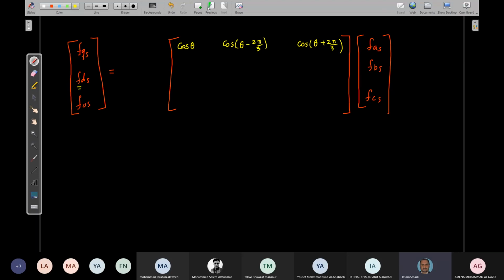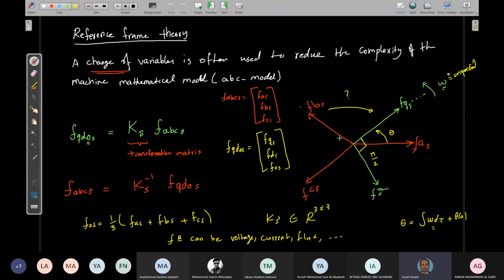So let's see it. Now I am here, FAS, and I need to find the projection toward this one. So this will be sine theta. It will be actually cosine theta minus pi over 2, and this will equal sine theta.